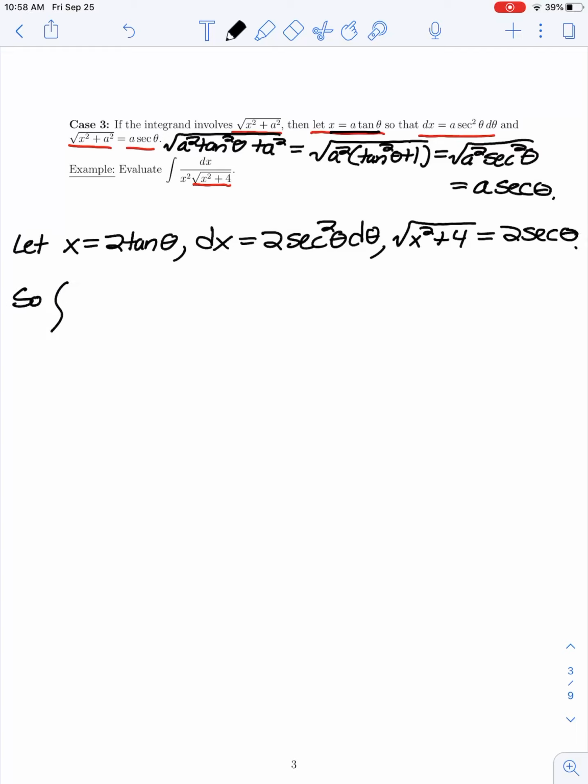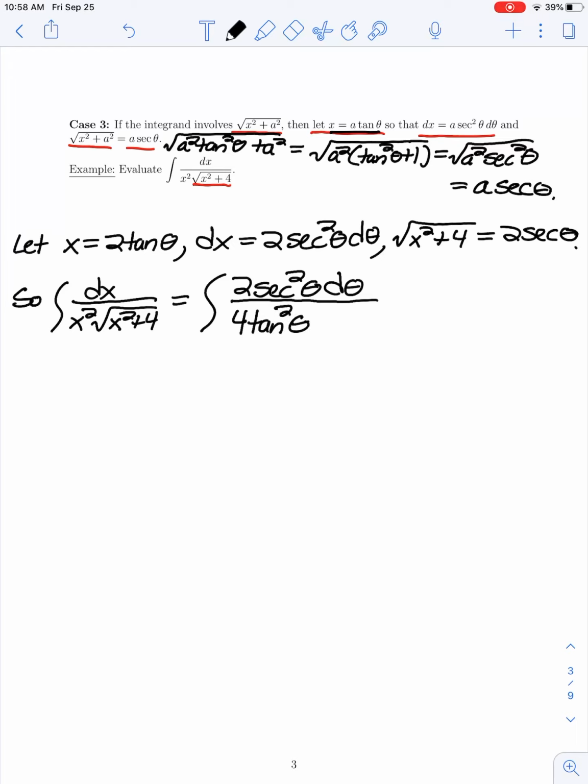So rewriting our integral in terms of theta, we have the integral of our numerator, dx, which was 2 secant squared theta d theta, divided by x squared. Squaring x, we would have 4 tangent squared theta times the square root of x squared plus 4, which we found to be 2 secant theta.